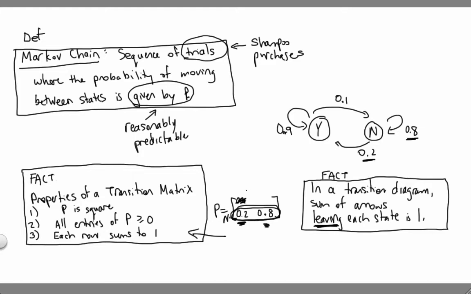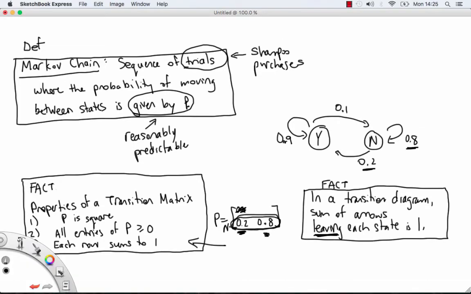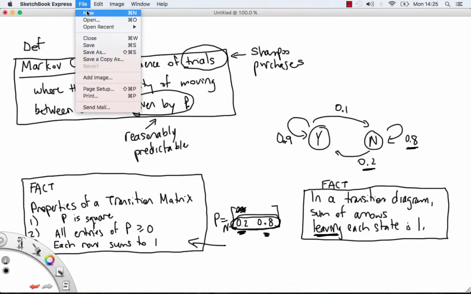Great, so with that, let's move into a new example, and we're going to try to figure out what our consumer base looks like right now. Let's start a fresh page here. So at this point, we know the probabilities of moving between different states, but let's say we wanted to know what was going on right now.